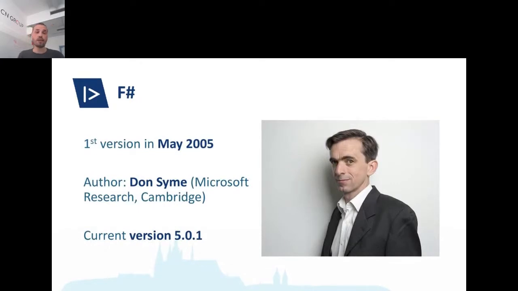The first version was introduced in May 2005, and the author, the main brain behind this language, is Don Syme from Microsoft Research in Cambridge. If you never heard about Don Syme and you never heard about F#, but you like C#, you like LINQ, you like TPL, you like generics in C#, this is still the man you should really embrace and send your thanks to, because Don Syme was behind the C# feature called generics, where he introduced generics into C# and where it led, like having LINQ and TPL and the other generic stuff.